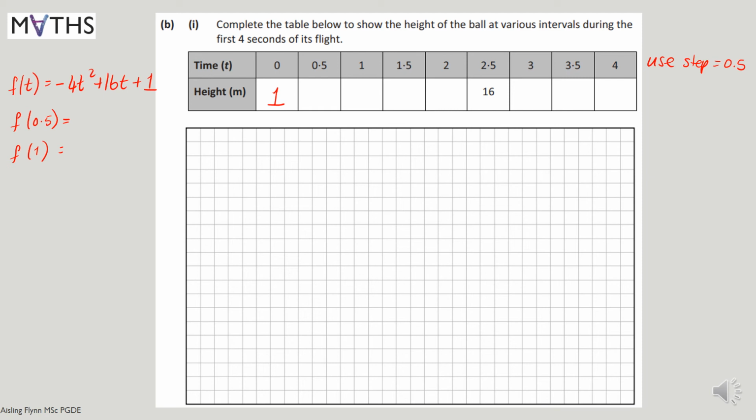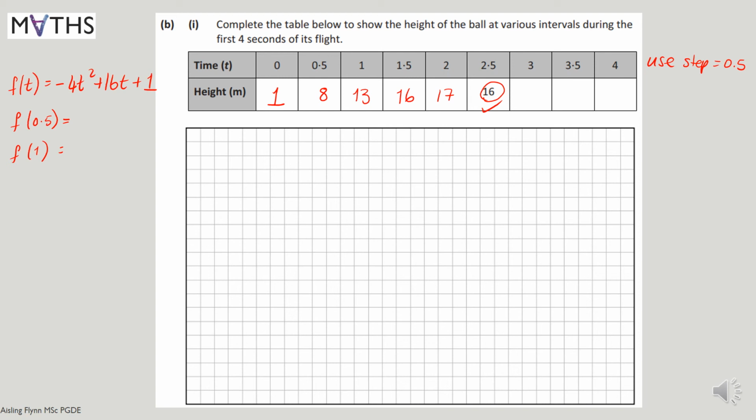Okay, so I've done that, and the answers I get is at time 0.5 I got 8, then I got 13, then I got 16, after that I got 17, after that I got 16. So this one is put in for you, so that's nice. You can check, are you doing it correct?